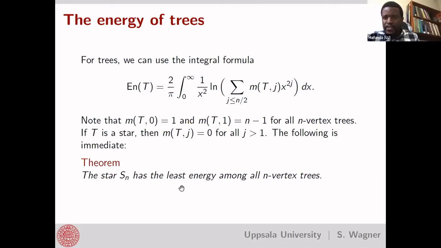Did you see Brendan's question below? Yes, I see Brendan's question. How intuitively can we think of the graph energy? To be honest, a lot of things are a bit counterintuitive.